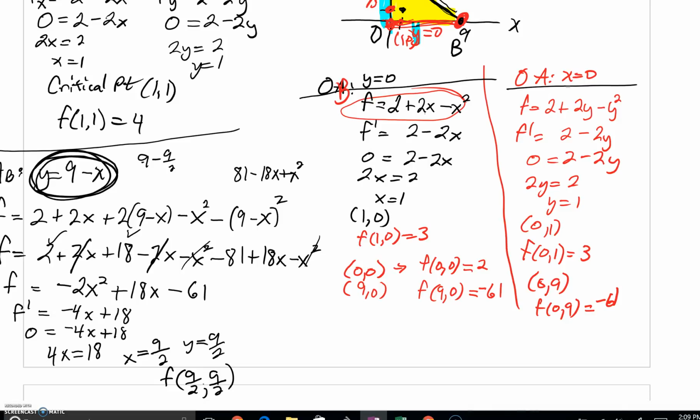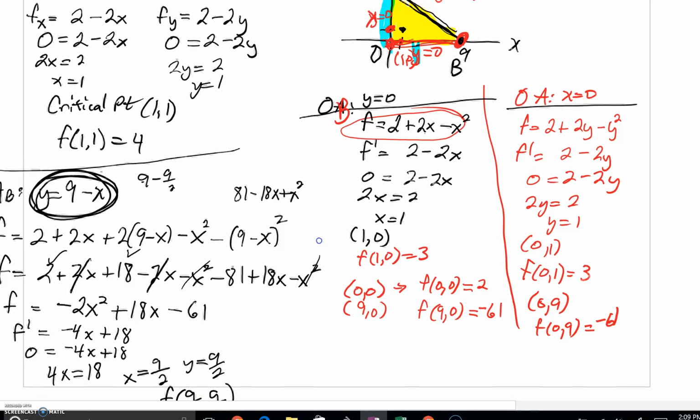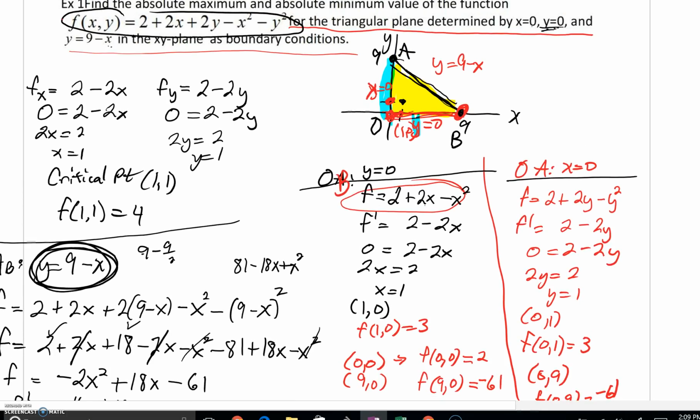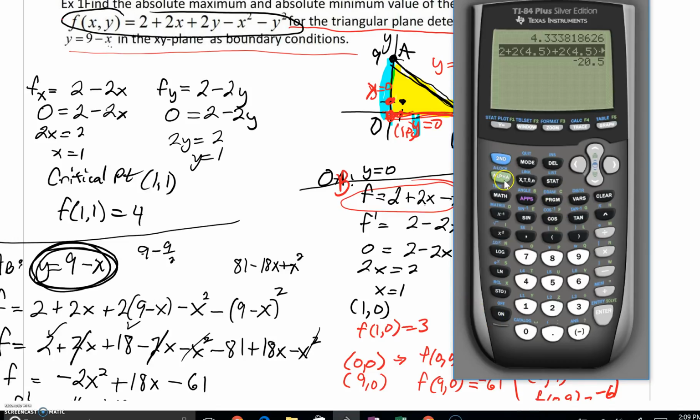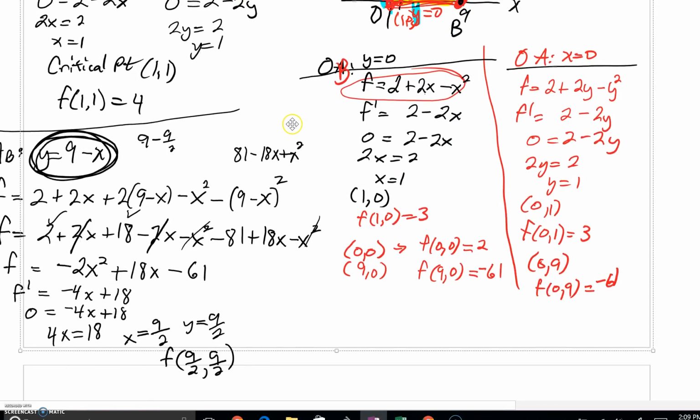In other words, 4 and a half, 4 and a half. Now, we have 2 plus 2x plus 2y minus x squared minus y squared. Of course, we can get our calculator in there, and I actually did that in class a little while ago. I plugged in 9 over 2, which is 4.5, into this equation. Take it from here, you can confirm yourself that the function value is negative 20.5.